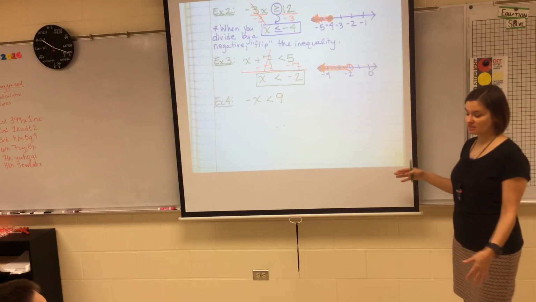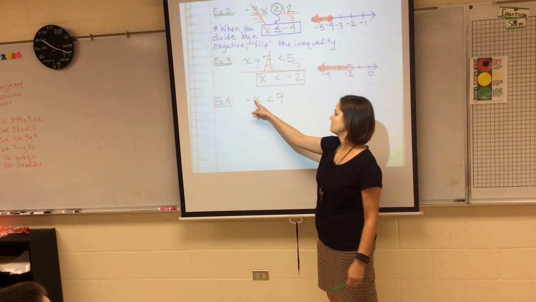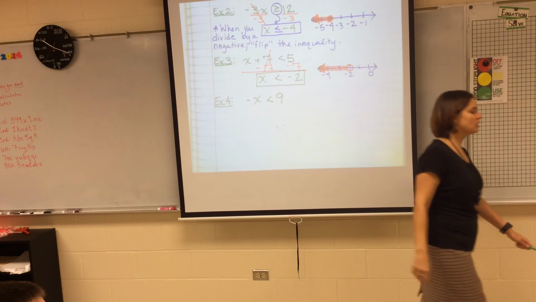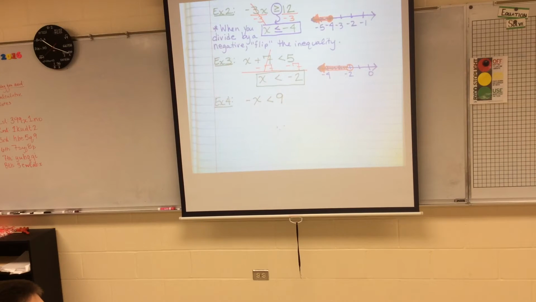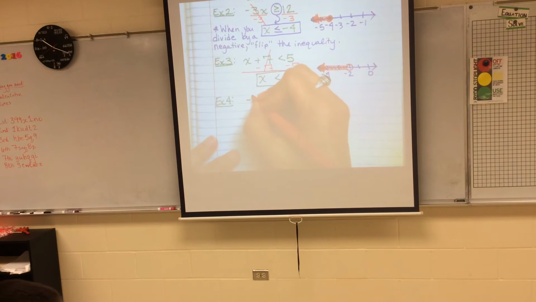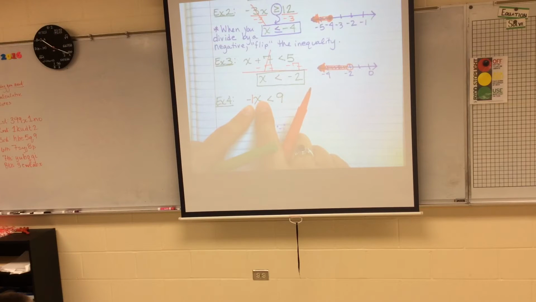Oh, so x is already by itself, but what's in front of it? Negative. Well, a negative what? It's like a -1, right? So how can I move the -1? Plus 1 from each side. Am I adding -1 to x? No. We're multiplying it, so we want to divide to move it.